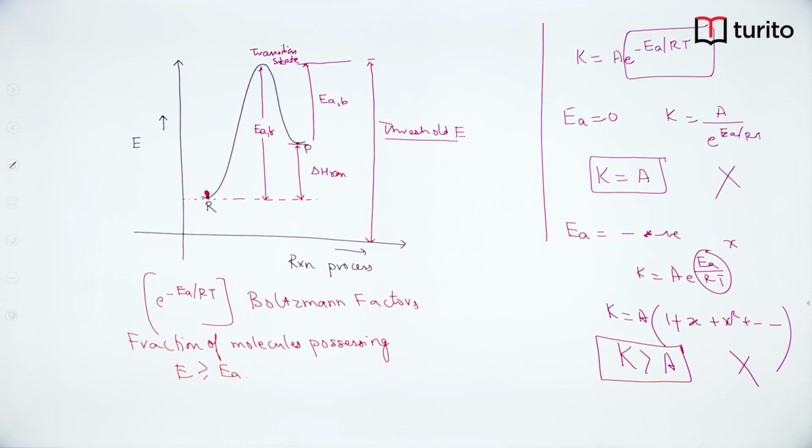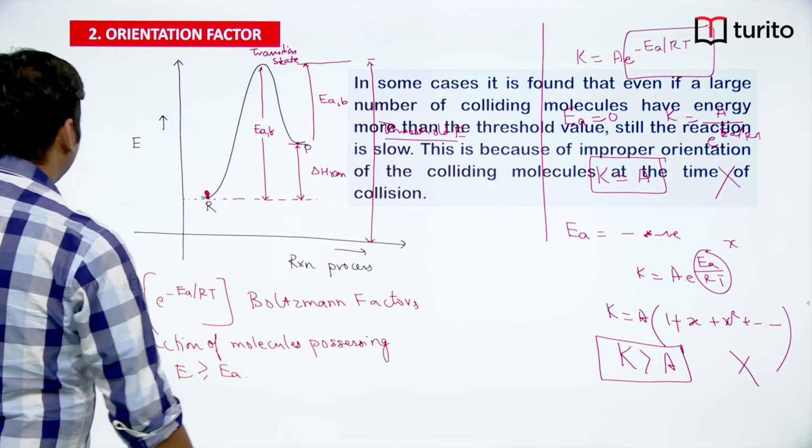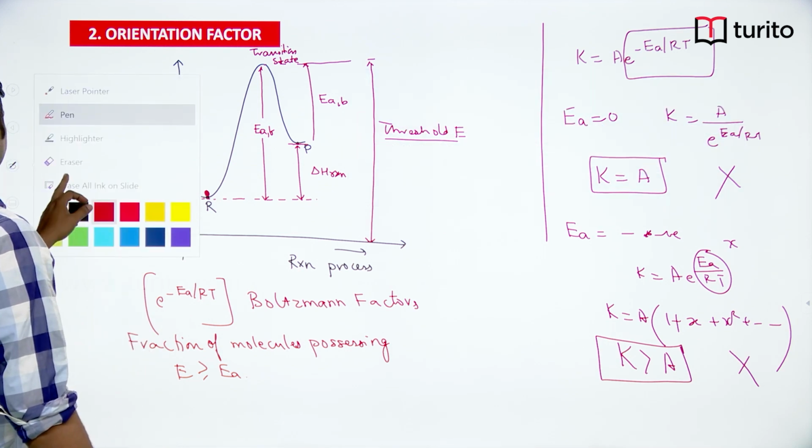So the first criterion that should be met by the colliding molecules to transform into the product is the energy factor. The energy of the colliding molecules during the collision must be equal to or greater than a minimum energy. Then only can the reactant transform into the product. Now the second very important point is the orientation factor.